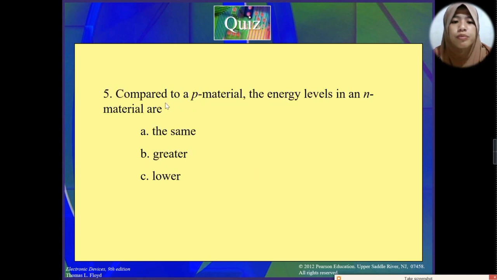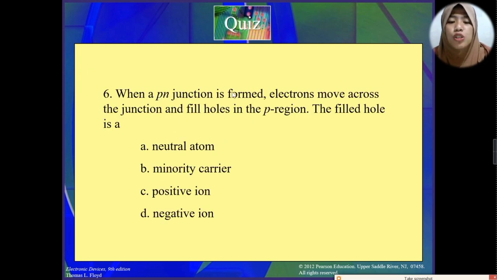For number 5, compared to a P material, the energy level in an N material is letter A, the same, letter B, greater, letter C, lower. The answer here is letter C. The N material is lower than the P material. And again, the energy level in the N material is lower than the level of the P material. So, number 6. When a p-n junction is formed, electrons move across the junction and fill holes in the P region.